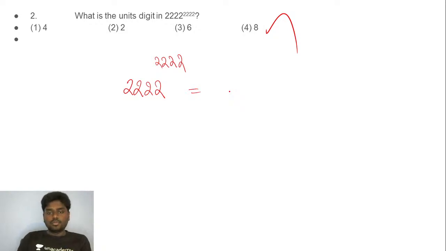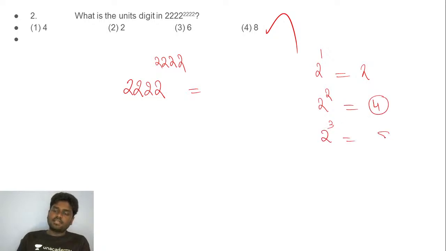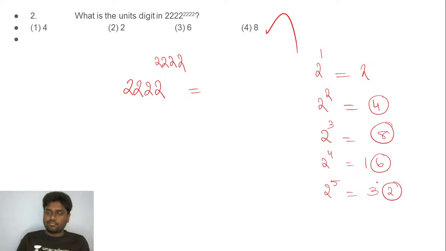So what you can simply do, you can simply work out the same thing here. If you go for 2 power 1, you've got that to be 2. If you go for 2 power 2, the unit digit is 4. If you go for 2 power 3, it is 8. 2 power 4, it's going to be 16, so the unit digit is 6. 2 power 5 will again give you 32. So listen carefully, guys.